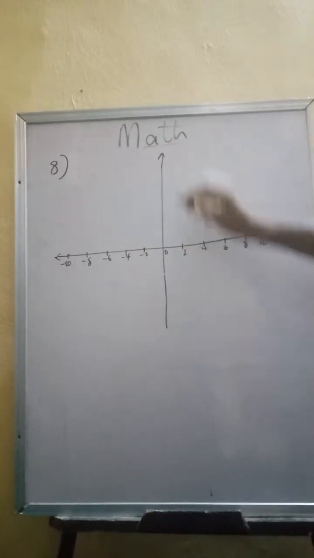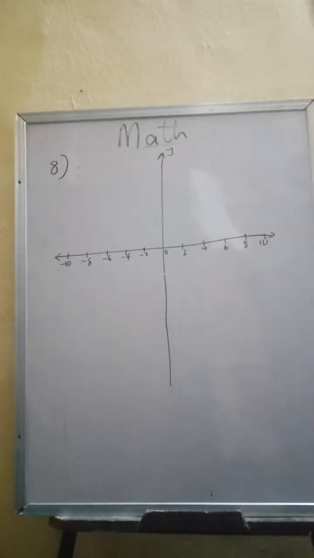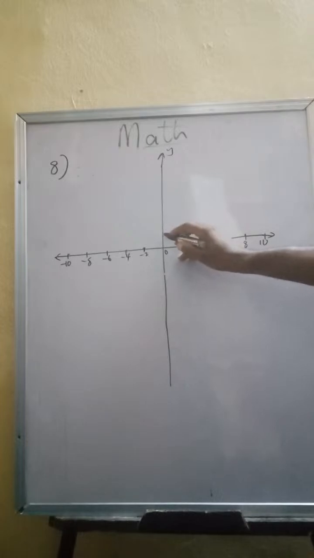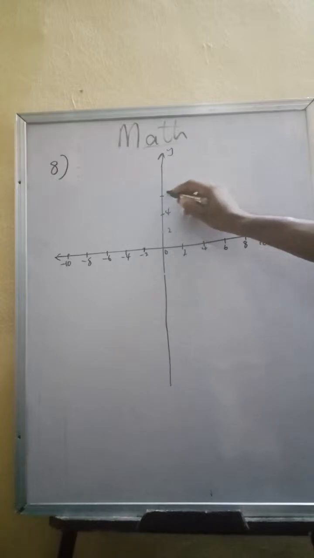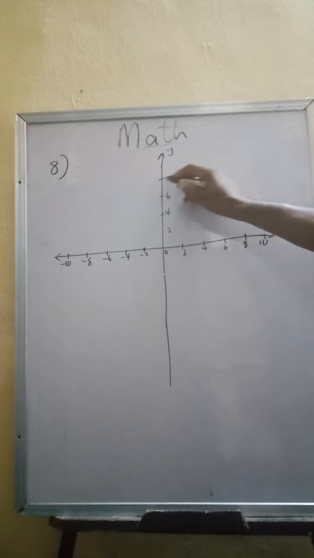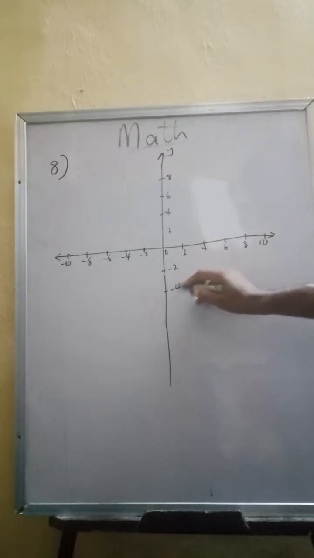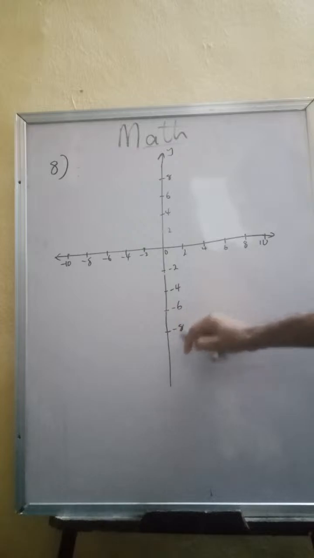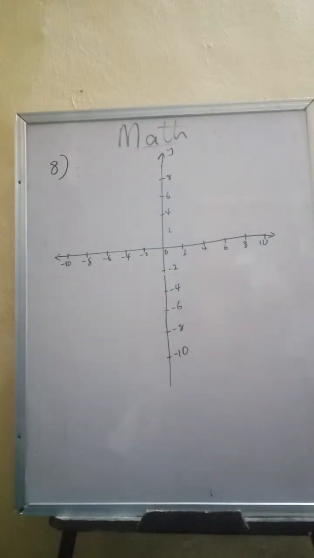Then on the y-axis, you have 2, 4, 6, 8, you have -2, -4, -6, -8, -10.